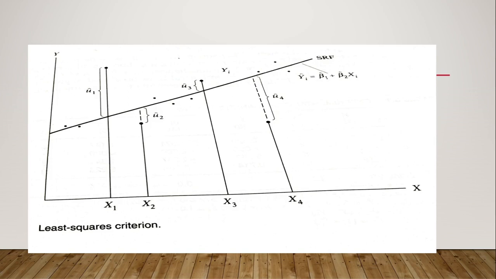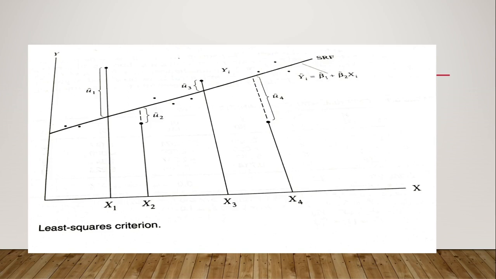For the next observation, x is equal to x2, the actual Y value is lower than the estimated Y value, and that deviation is denoted by u2 hat. So Yi is less than Yi hat for x equal to x2. In the first case, we have a positive deviation.